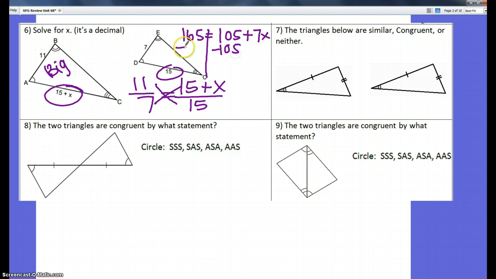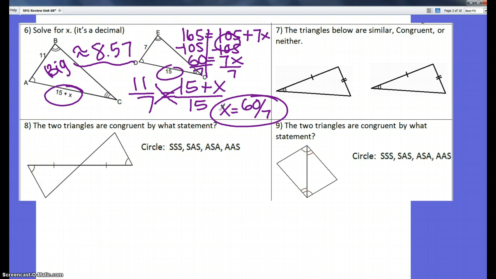Subtract 105, subtract 105. We get 60 equals 7x. Divide 7, divide 7. If you want the decimal, it's about 8.57. If you want the whole exact answer, you would say x is equal to 60 over 7.